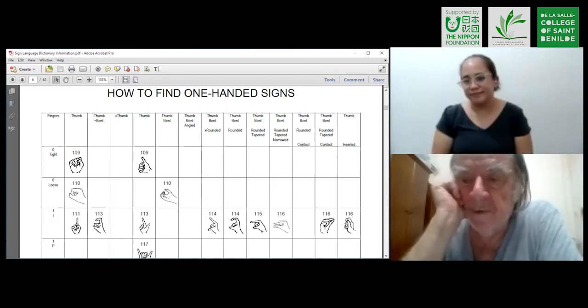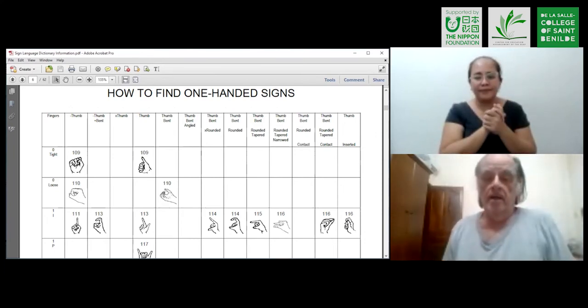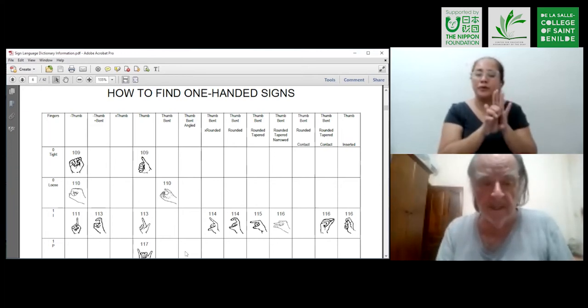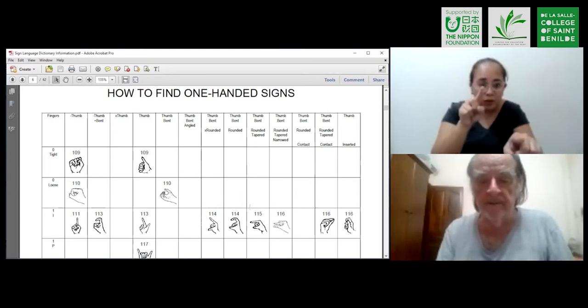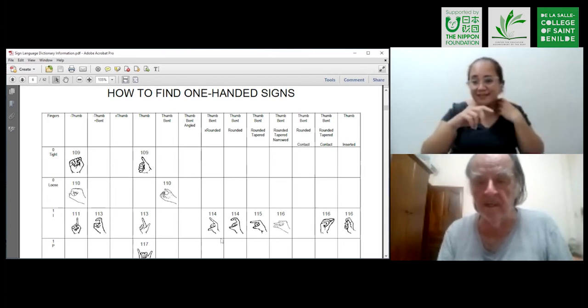But for example, let's say you're looking for this one here, 114 down here. Can you see where my cursor is? Yes, sir.